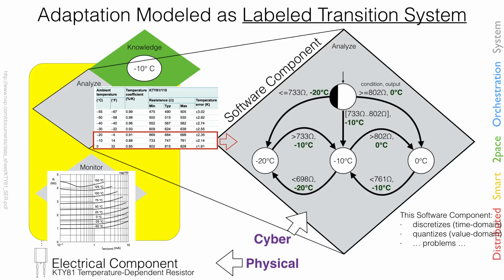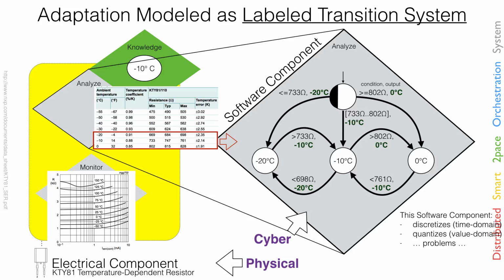the time. Now let's assume the temperature is rising more and we are going above 802 ohms. Then the next transition is taken on the right side now and we go to 0 degrees.